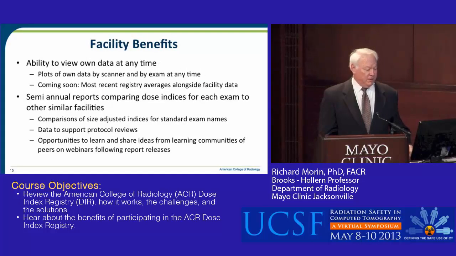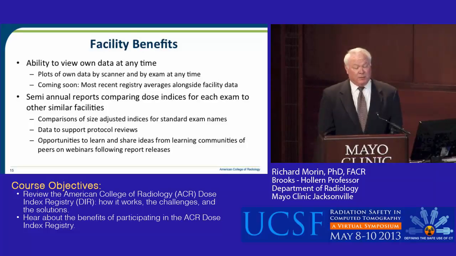Next slide, please. So the benefits are that the facility at any time can look at all of its own data. So if it chooses to do a quality project or some other technique, the data are available all the time. And so they would not have to go to another source to try to get dose index information. And then the report comes out semi-annually now. That will likely be more frequent in the future.